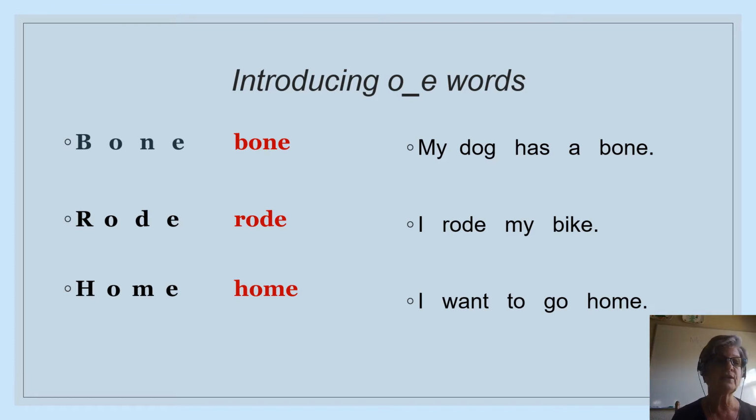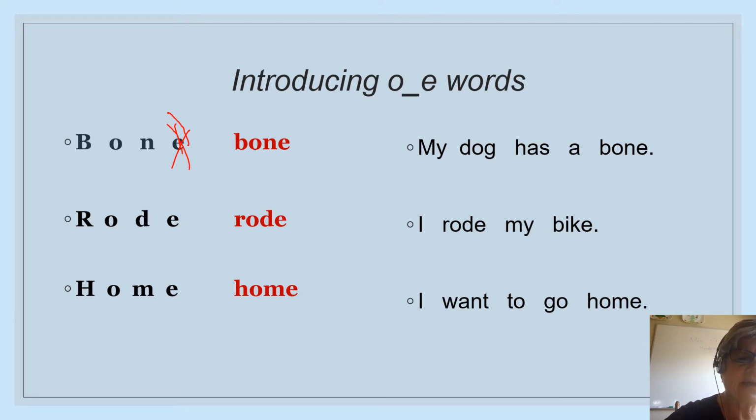Let's start by looking to the far left. You see the letters B, O, N, E, and we're going to sound out that word. But first, I notice that has an E at the end. So we're going to cross out the E, and we're going to give the E magic.